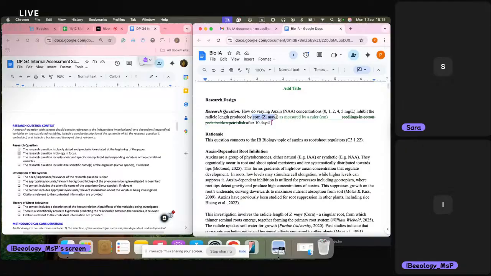Ideally, we go over scientific name first. Actually, we don't look for the common name in the research question. You can also apply that to the title. The title, you should also use a scientific name.